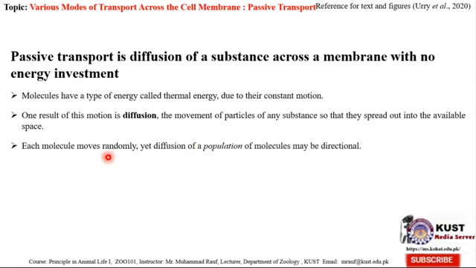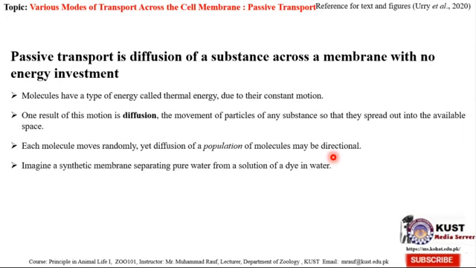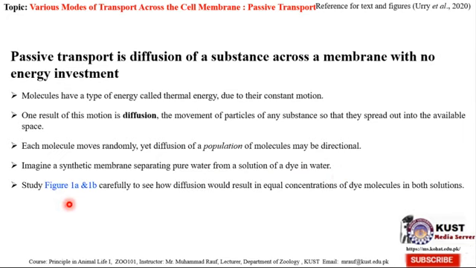Each molecule moves randomly, yet diffusion of a population of molecules may be directional in the sense that they move from an area of higher concentration towards an area of lower concentration. Imagine a synthetic membrane separating pure water from a solution of a dye in water. Now study parts A and B of figure 1 carefully to see how diffusion would result in equal concentration of dye molecules in both solutions.